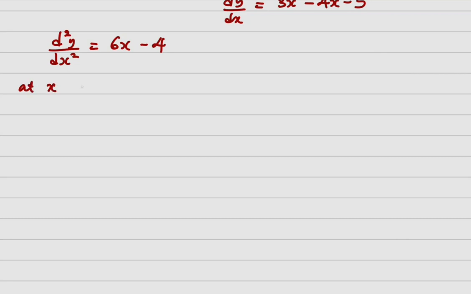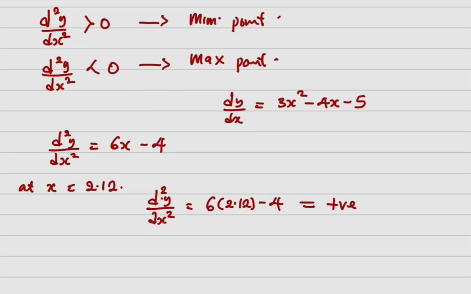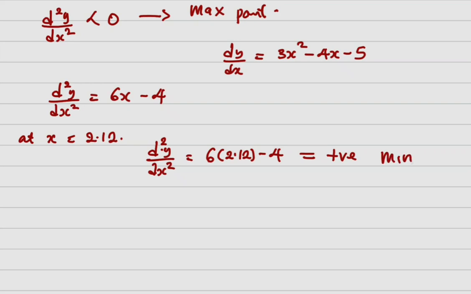At x equals 2.12, d squared y by dx squared will be 6 into 2.12, then minus 4, which is going to give us a positive value, that is, it is greater than 0. So this is our minimum point.